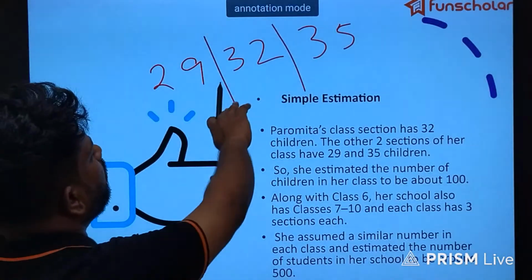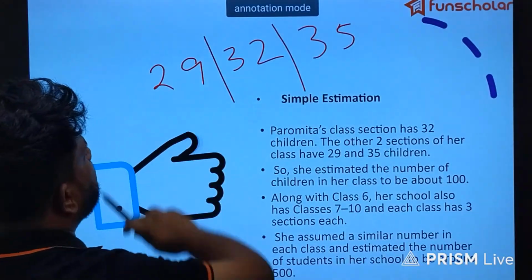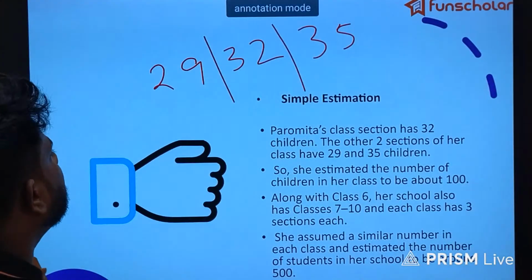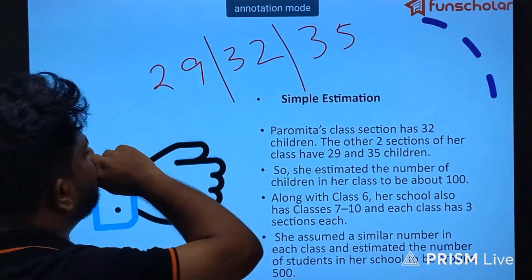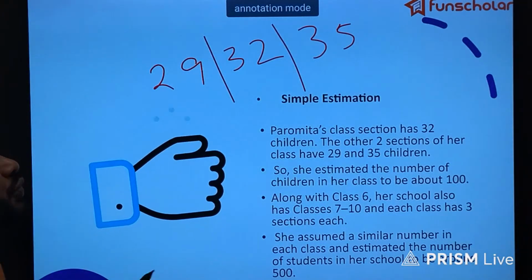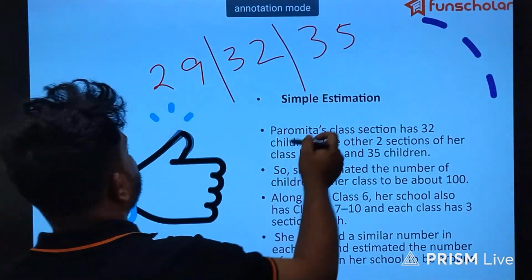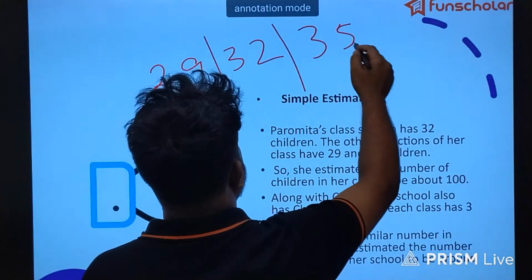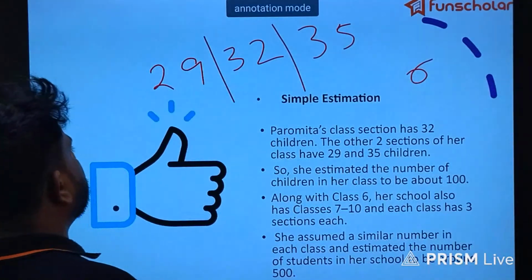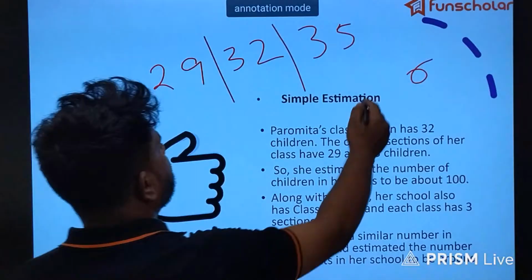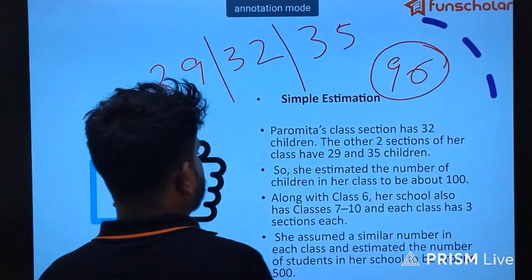Now 30 plus 29 plus 35, it will be 90, and 5 plus 2 is 7. So, 16, 1 in hand, 3, 3, 6, 7, 8, 9. So they have a total of 96 students.